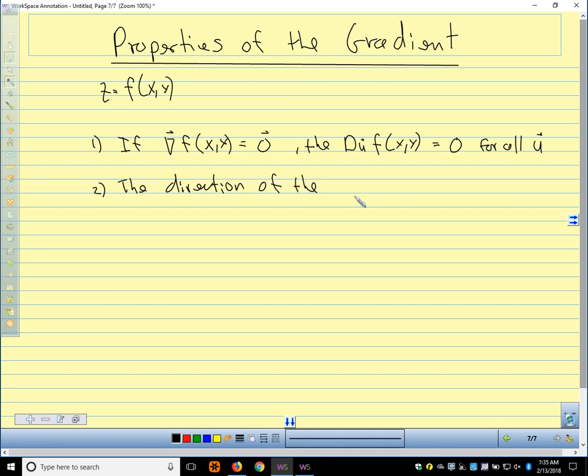The direction of the maximum increase in f is given by the gradient.